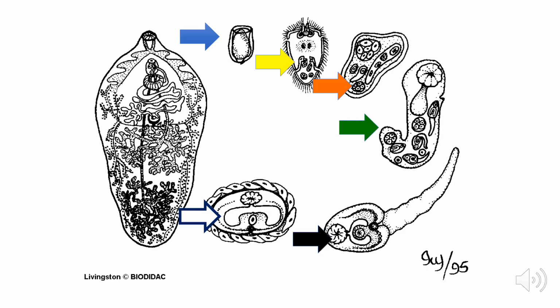Black arrow is pointing to the tailed stage, which is the cercaria, while white arrow is pointing to the encysted metacercaria. Beside the metacercaria, you have there the adult worm.